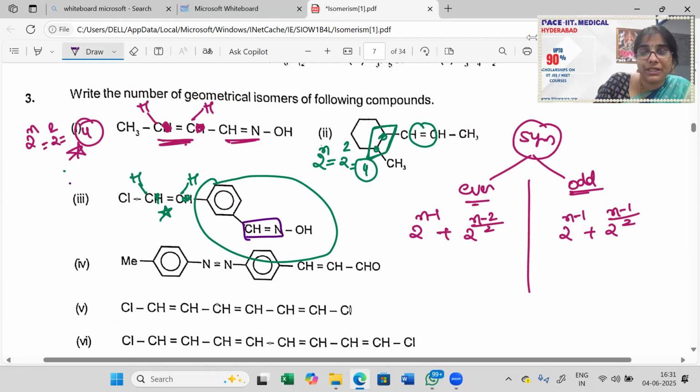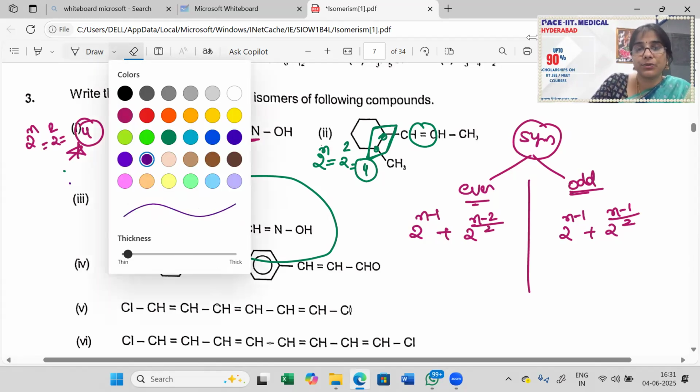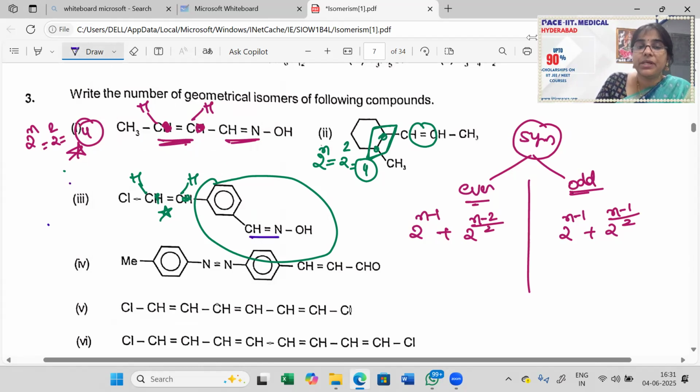Whenever I see nitrogen, one lone pair will also be present, which we need to understand even if hydrogens are not given. You will have to fill it in and then check. Nitrogen has 3 bonds, so you will have a lone pair associated with it. So one stereo center here definitely. So you have two stereo centers, and 2 squared equals 4 is my answer.